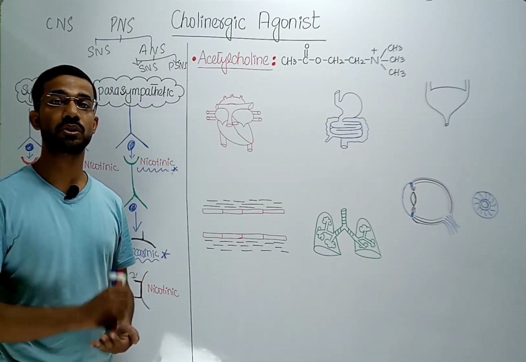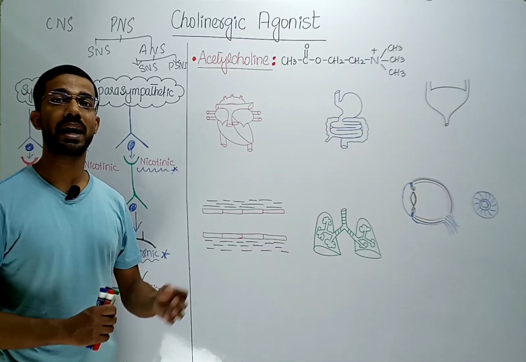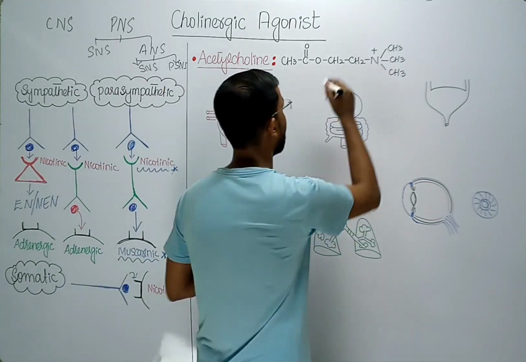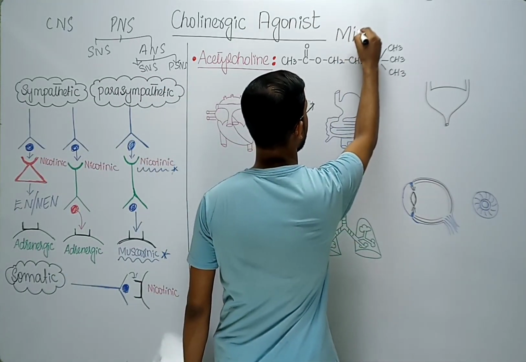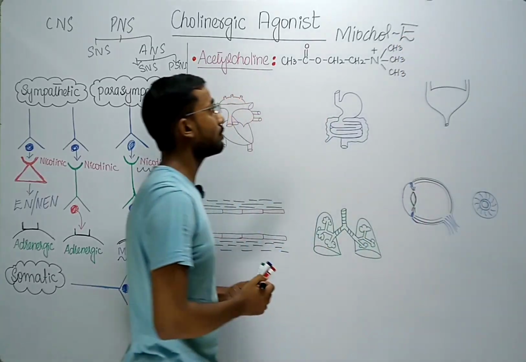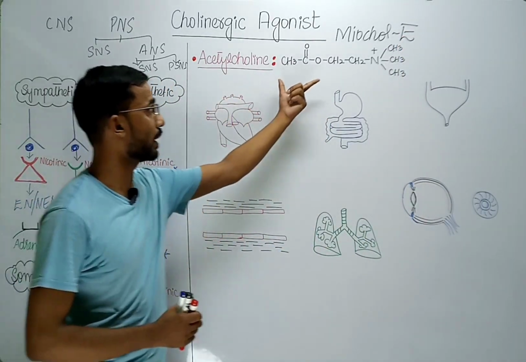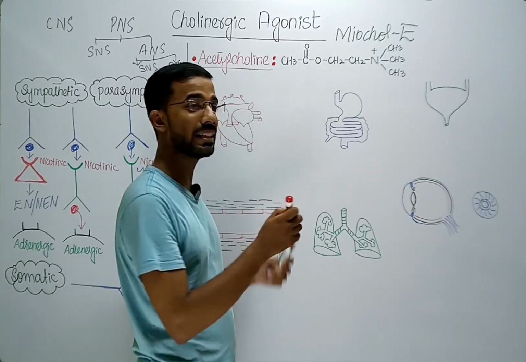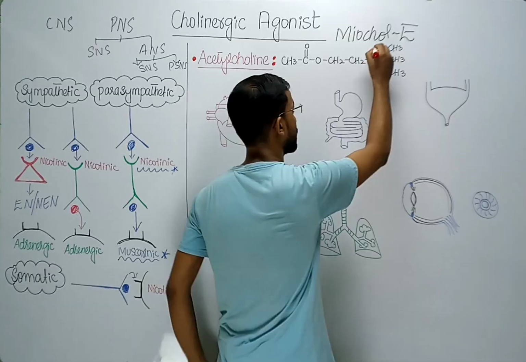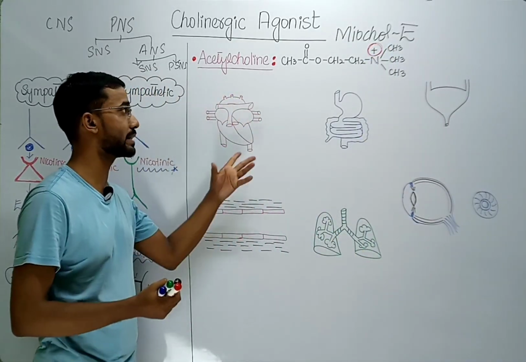It can also be given exogenously, and its brand name is Miochol-E. So the structure of acetylcholine is this one, and this is the choline ester, and it has a positive charge on it. These are the main features of acetylcholine.